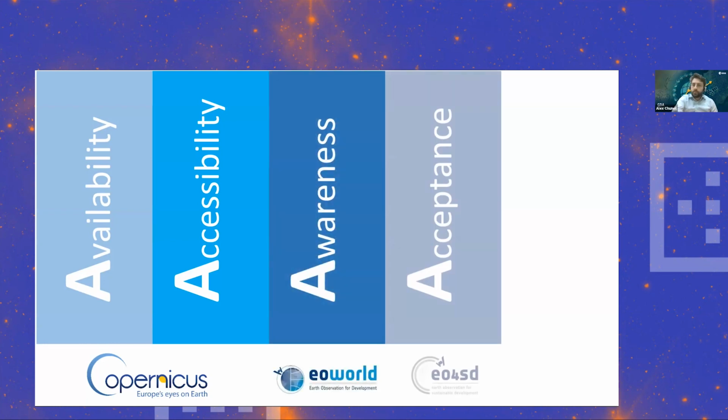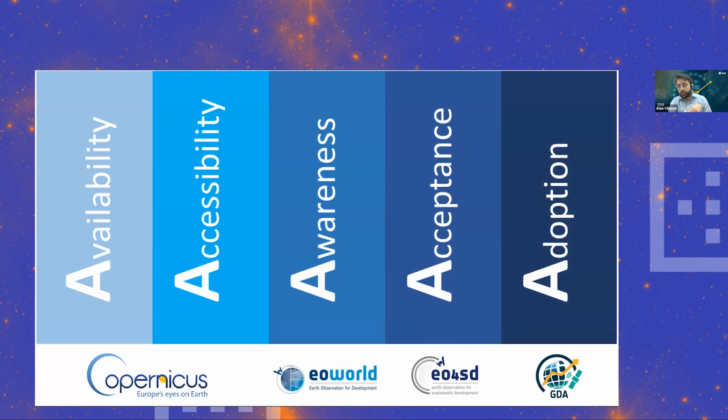And this is the reason that at ESA, we've worked on different programs called EO World, EO4SD, and GDA, which tackle those different dimensions, going from availability and accessibility to awareness, acceptance, and adoption, in order to increase exactly the use and the mainstreaming of those technologies.